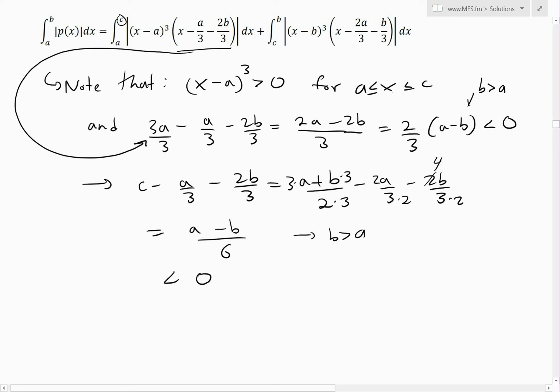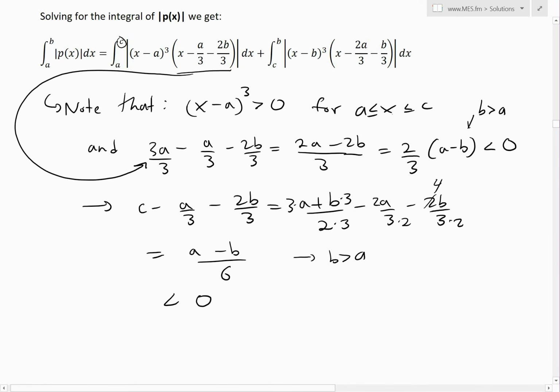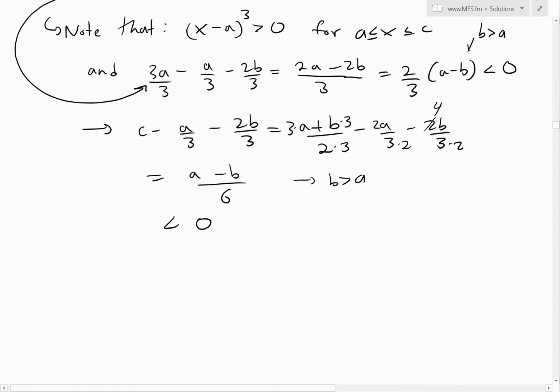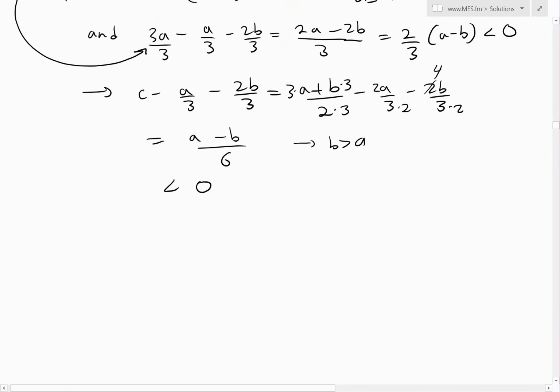So these are always negative from a to c when we plug those in. What we have is a positive number, x minus a cubed, which is always positive, and then this is always negative, and this is a linear function. So if you have x, y, you're going to have some sort of function like this, where it's always negative.